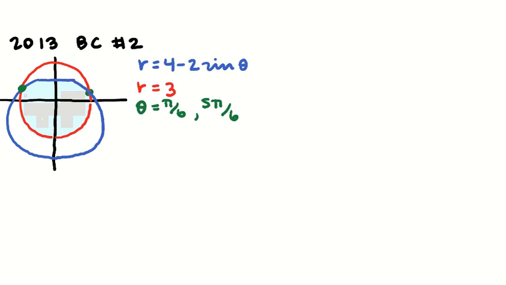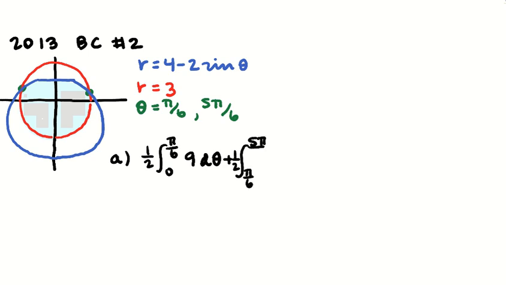So what I'm going to do is I'm going to say the area is going to be 1/2, start going 0 to pi over 6. R squared would be, the red one squared is 9 d theta plus, oh, forgot the half. Okay, I'll go from pi over 6 to 5 pi over 6. And then 1/2 r squared would be 4 minus 2 sine theta squared.